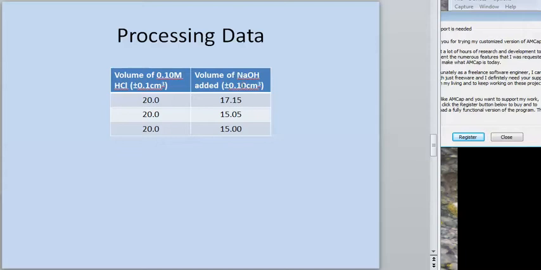Right, so the total uncertainty is now 2 times 0.05, which is 0.1. Right, so this is my data that I've got, and looking at that, that first run seems to be anomalous. So I'm going to ignore that, and I'm going to work with these two. And to work out our titration calculation, this is what's going on.